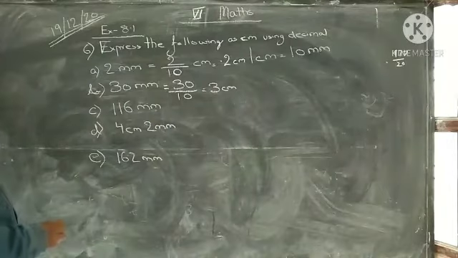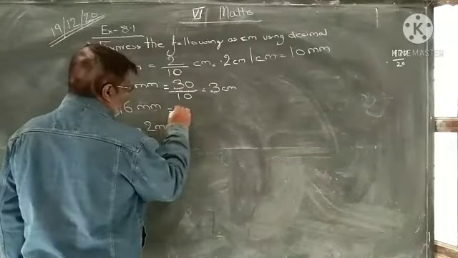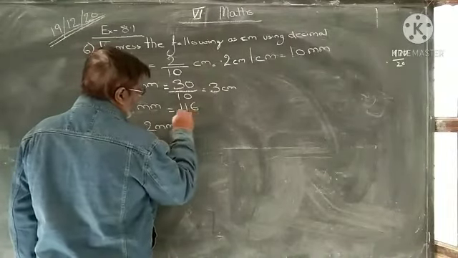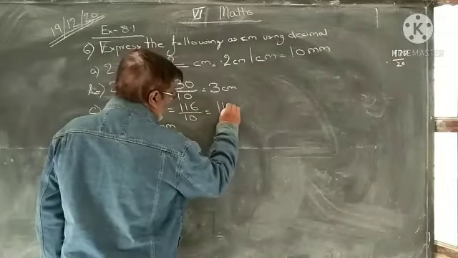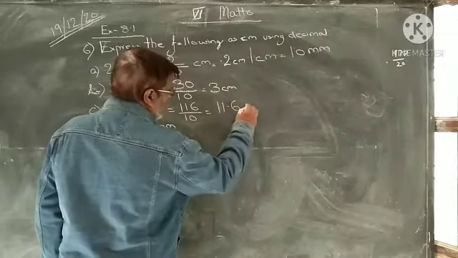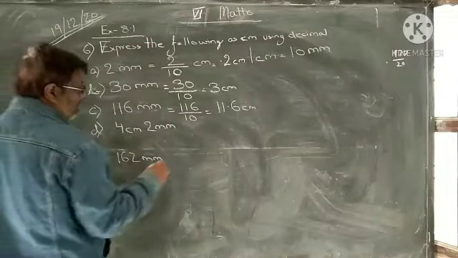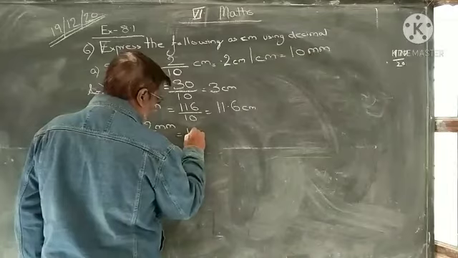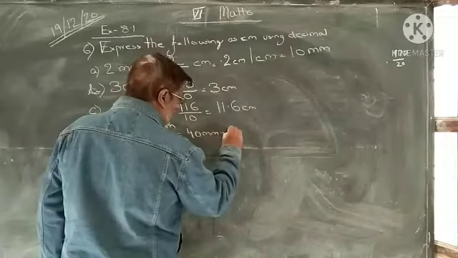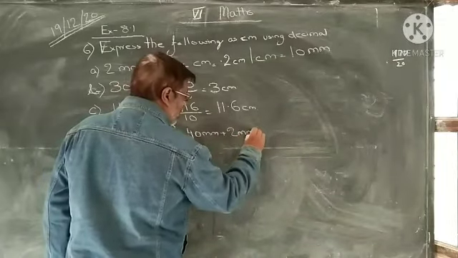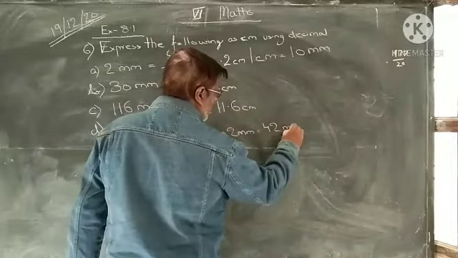Now we have 116. If we divide 116 by 10, it will come as 11.6 centimeter. 4 centimeter means it will come as 40 millimeter plus 2 millimeter. The total will come as 42 millimeter.